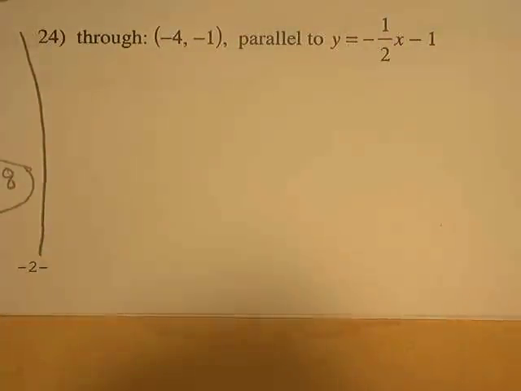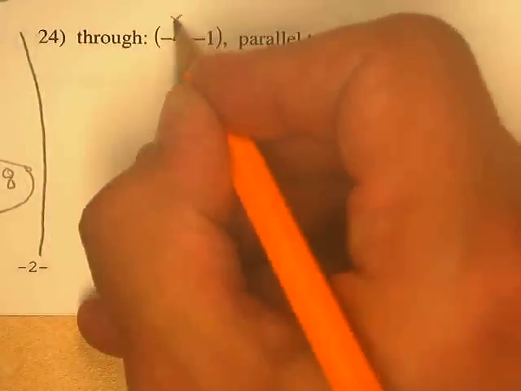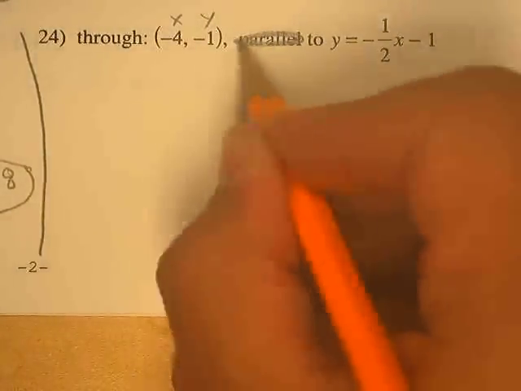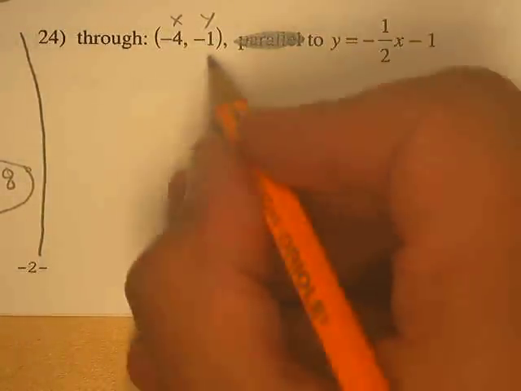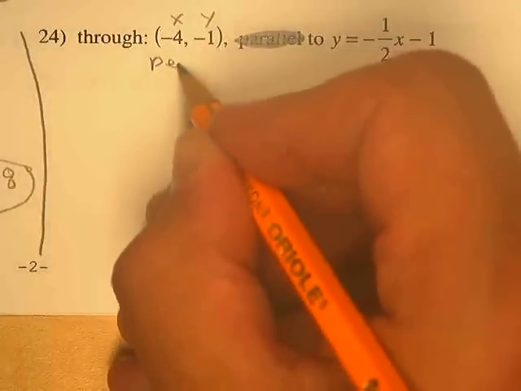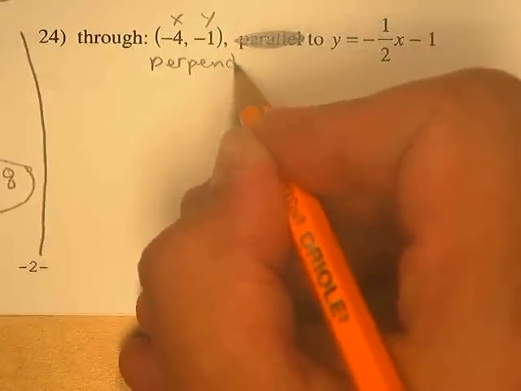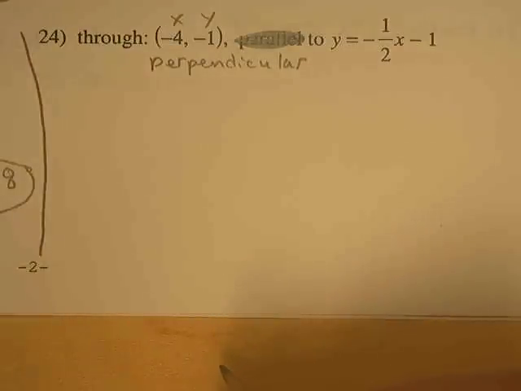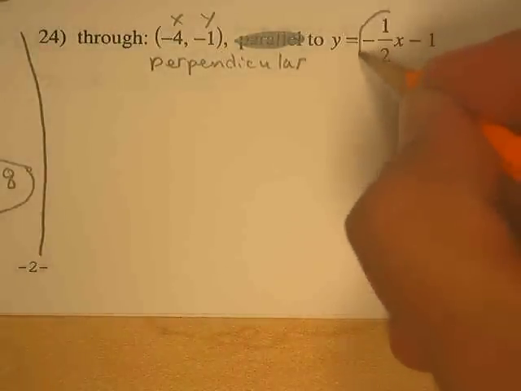All right, I think one example is not enough, so let's try another one with perpendicular. So let's do this one here. This is our x, this is our y. We want it not parallel, we want it perpendicular.